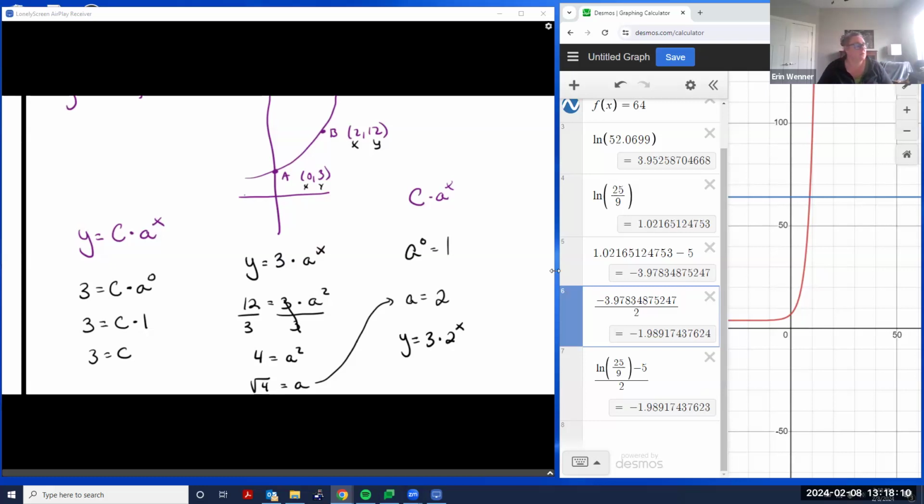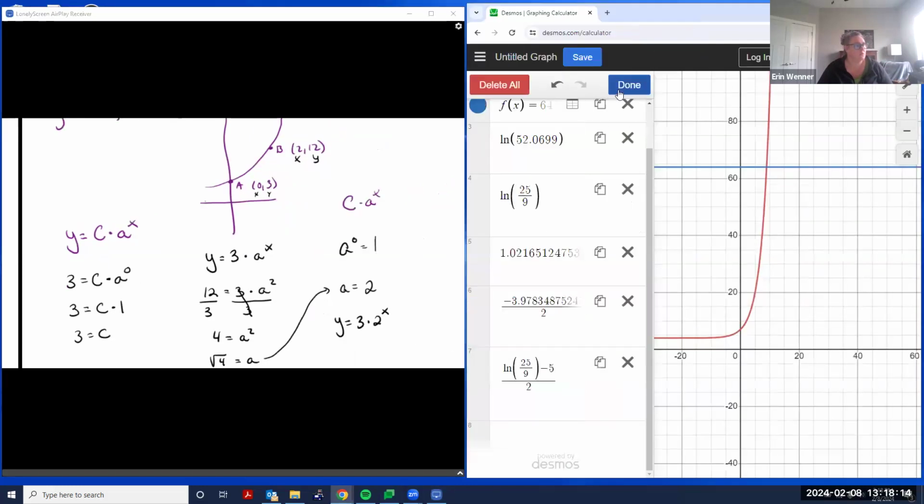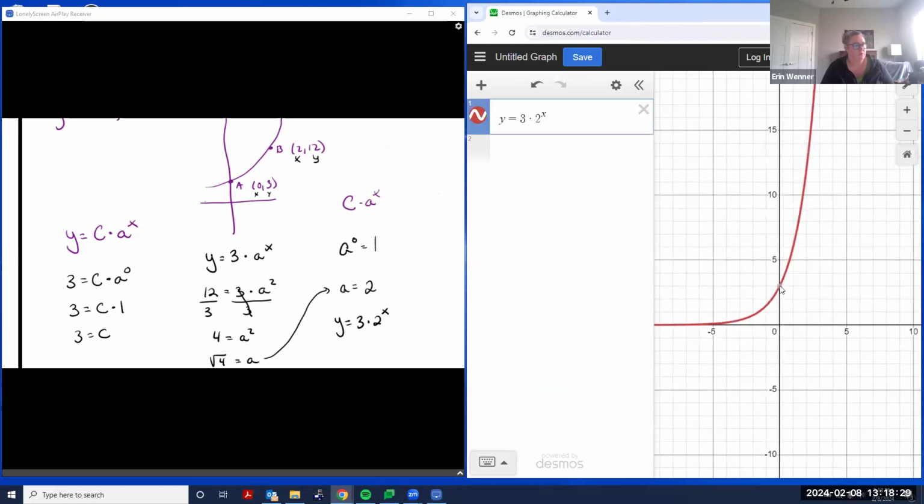So there is my equation. Remember I told you it was supposed to go through (0, 3), and then it's also supposed to go through, let's do y equals 12.